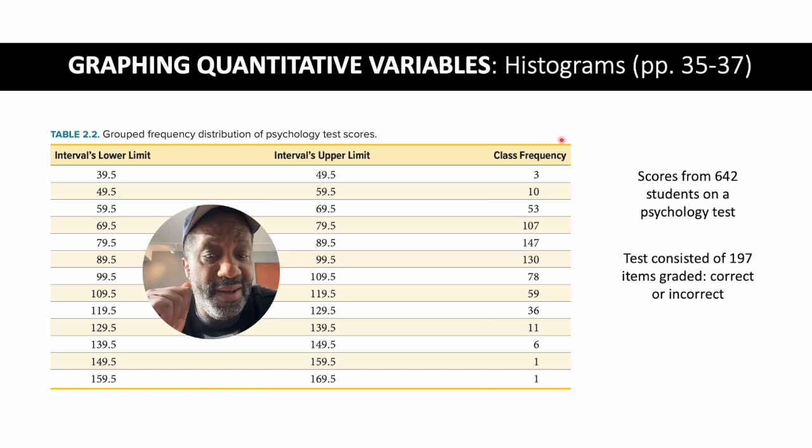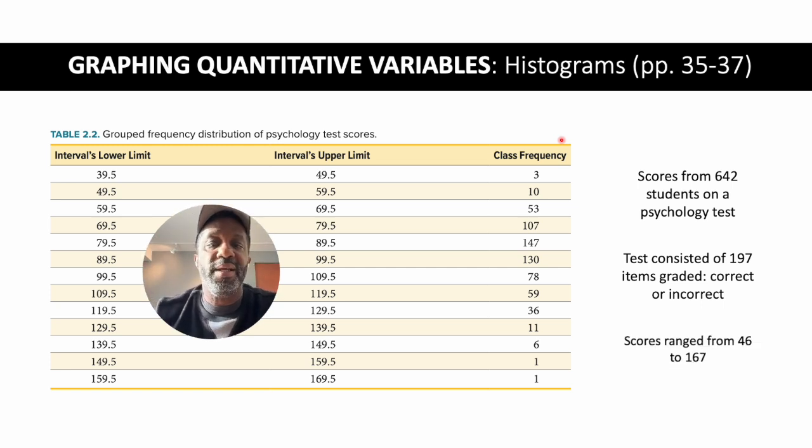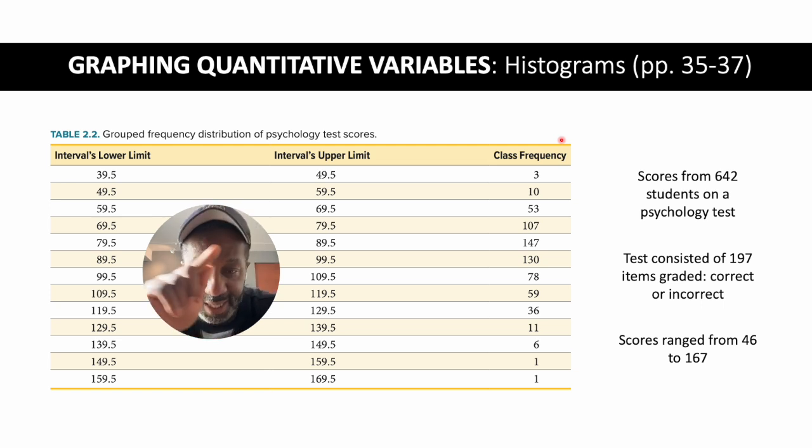The test consisted of 197 items, correct or incorrect. And so the highest number that you could get is 197, the lowest that you could get is 0. The scores of this data set actually ranged from 46 to 167.